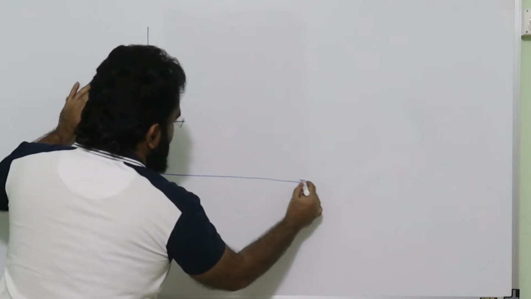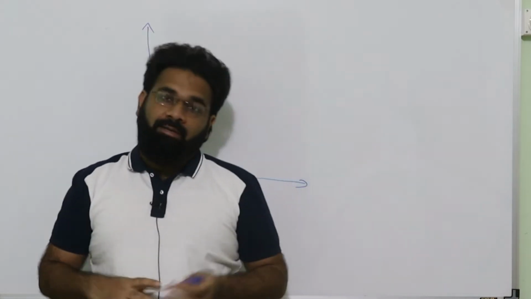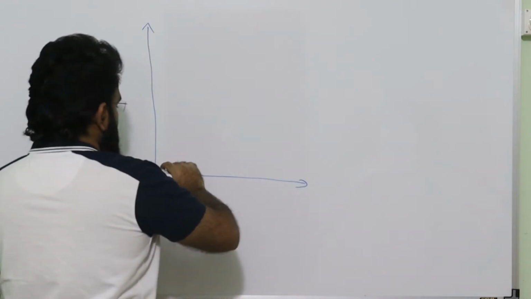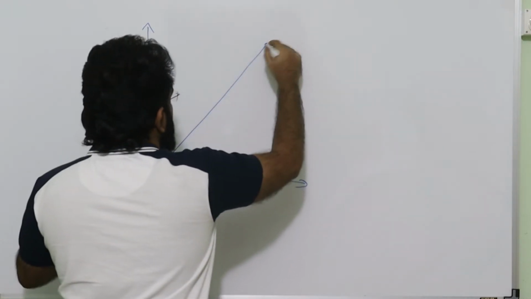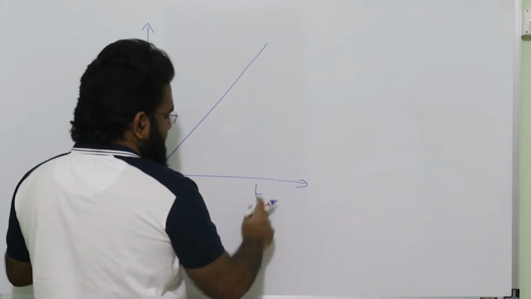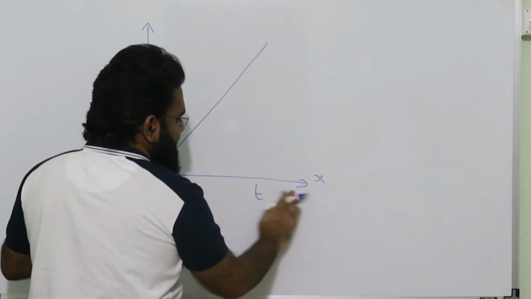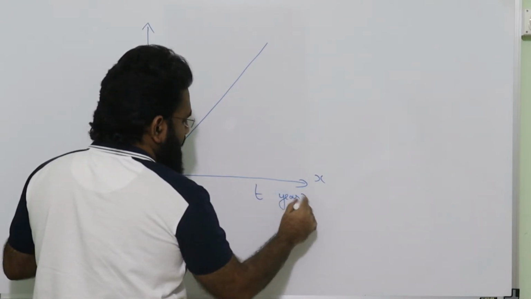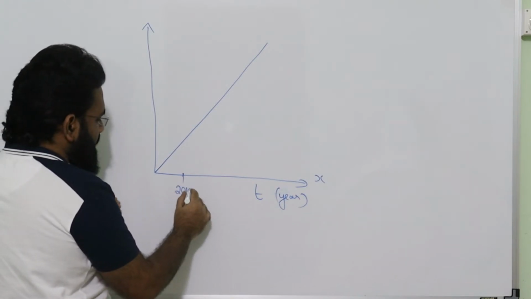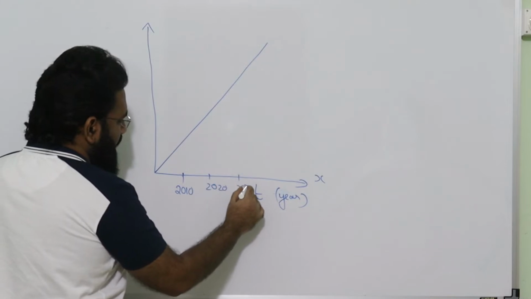when we draw a graph, why do we draw a graph? We draw a graph for better understanding. Say for example, if you draw like this, okay, so this is the time axis. So this x axis is nothing but time, or I can say this is year. Okay, year. This is taken as 2010, 2020, 2030.